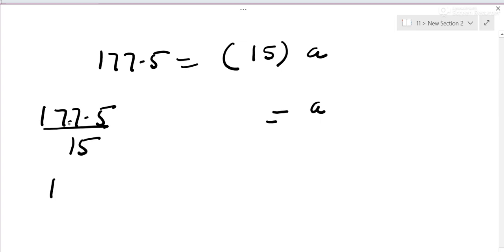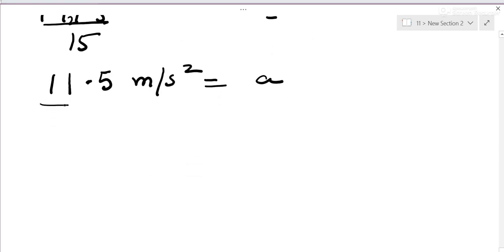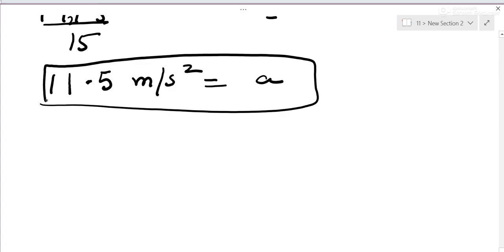So it is 11.8 meter per second square. So if the wall is removed, then both the bodies will move with this acceleration.